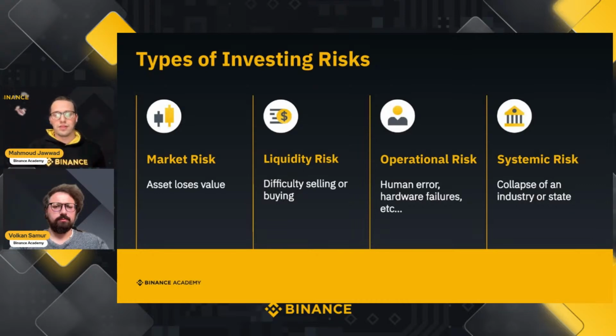One example would be Lehman Brothers back in 2007 and its effect on the global financial industry. When systematic risks materialize, they can trigger a domino effect, like the financial crisis back in 2008.